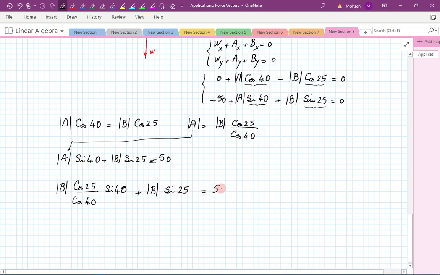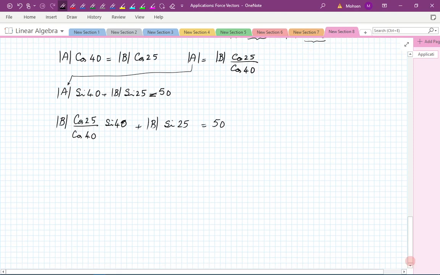The whole thing has to be equal to 50. This might look a little bit crowded, but again, remember, these are just all numbers. You're after B. So if I take the absolute value of B as a common factor, everything else is going to go inside a parenthesis. So it becomes cosine of 25 over cosine of 40 times sine of 40, plus sine of 25. That whole thing is equal to 50.